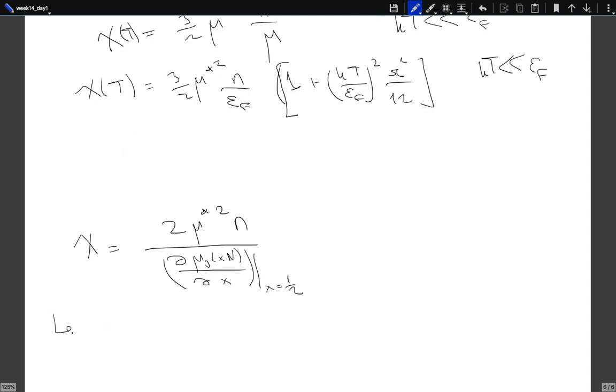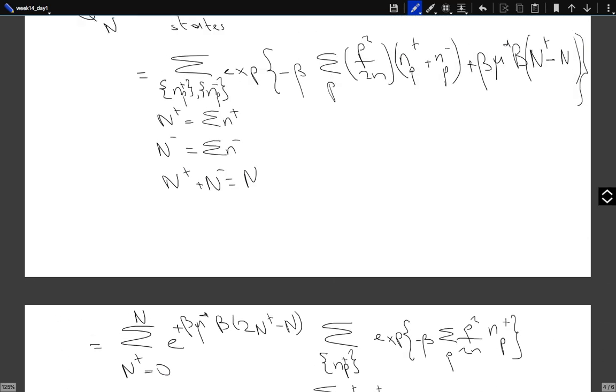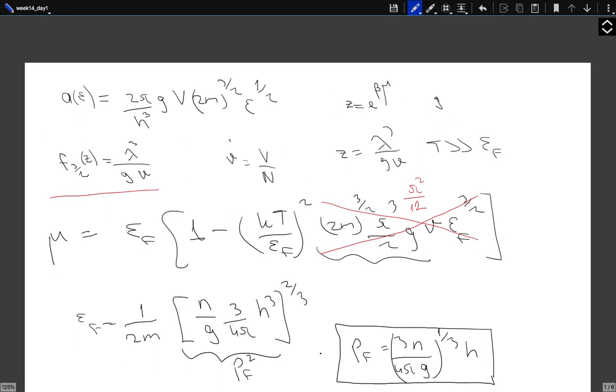Now at the large temperature limit, we had already seen that Z is much, much smaller than 1. So we can just go ahead and, you see, at large temperature, this is what Z is.